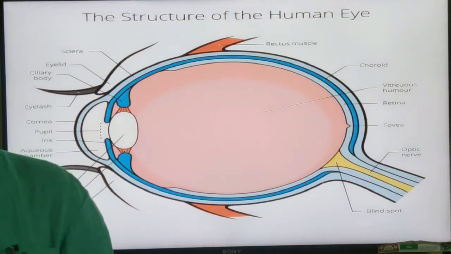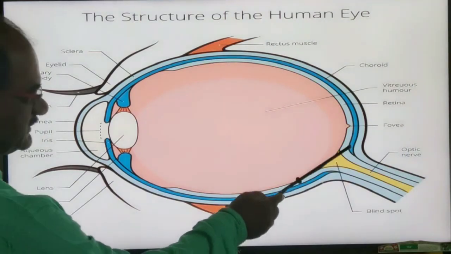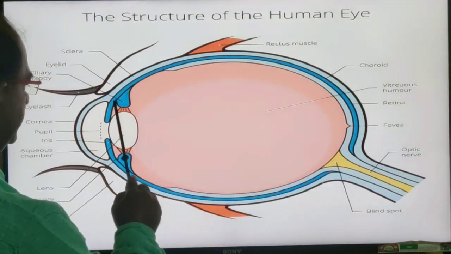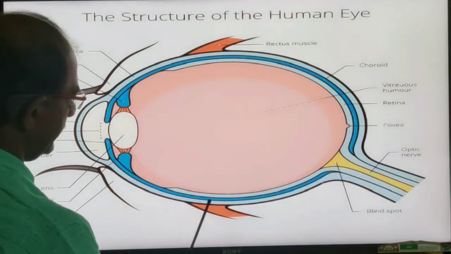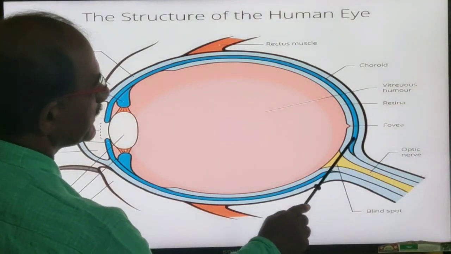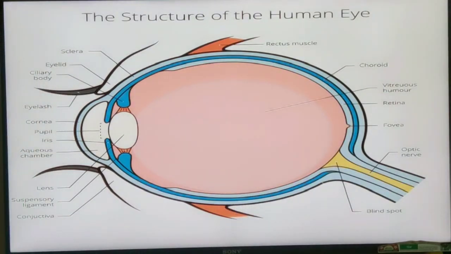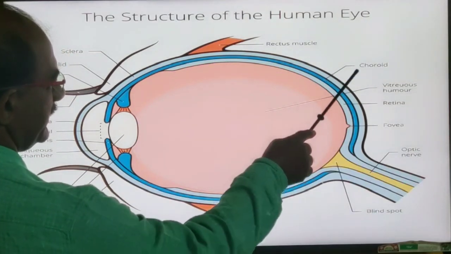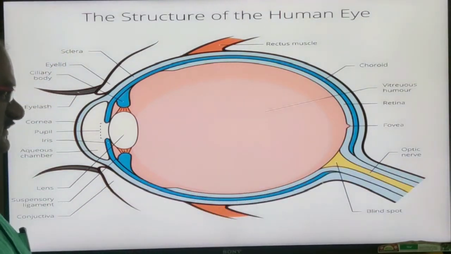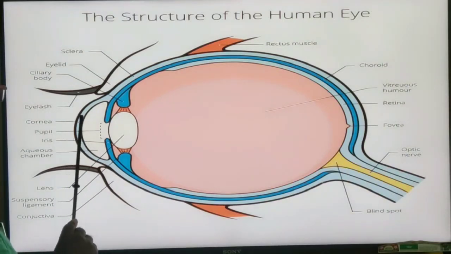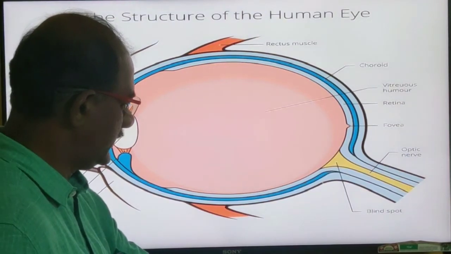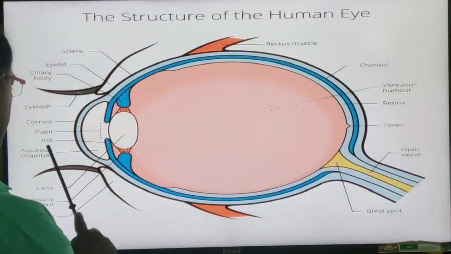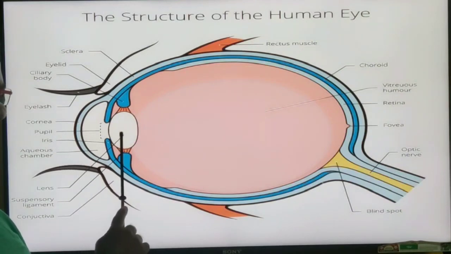Then the inner coat means the retina. Inside, the retina is present. The retina plays an important role as the receptor part, and its nourishment is offered with the help of the choroid. If light focuses on the cornea, it passes through the aqueous chamber and vitreous chamber.